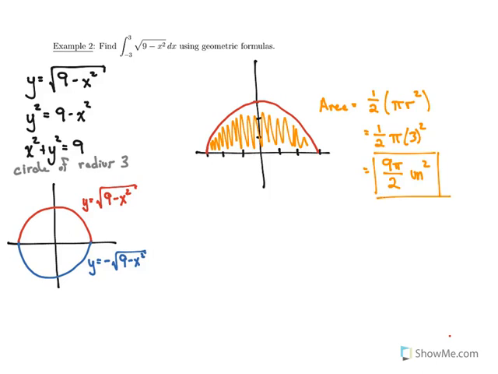So although this may not have looked like a very nice function to deal with at the beginning, this is a circle, and that is a very nice function. We have nice formulas for that.